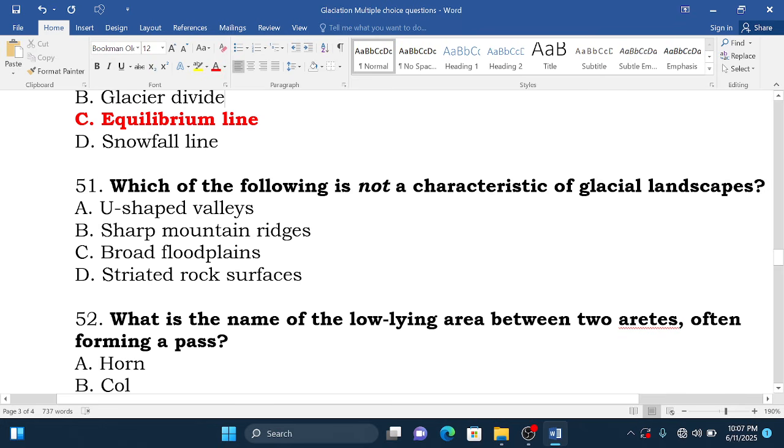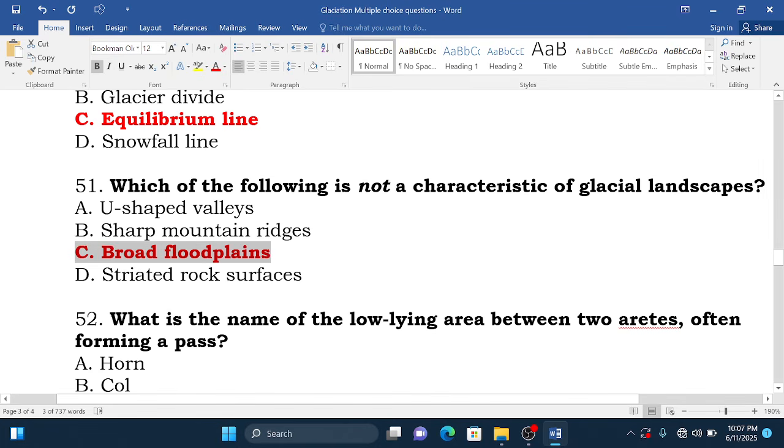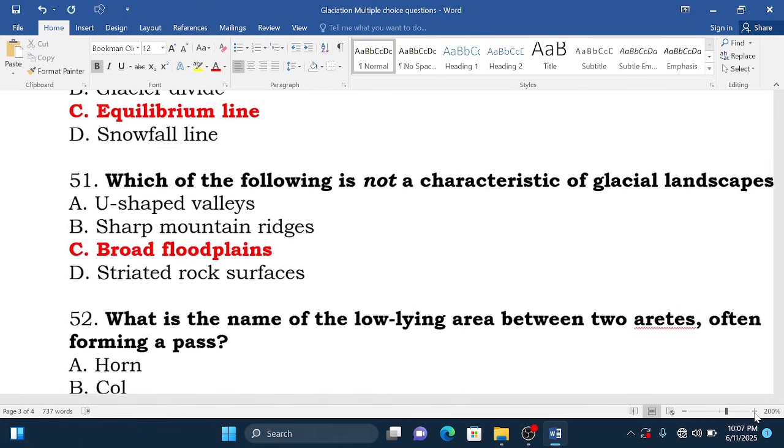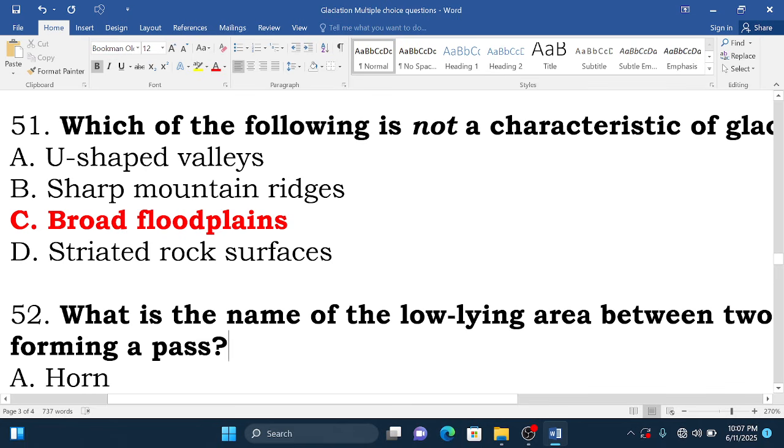B, sharp mountain ridges. C, broad flat plains. D, striated rock surfaces. The correct answer is C, because broad flat plains are not a characteristic of glacial landscapes.